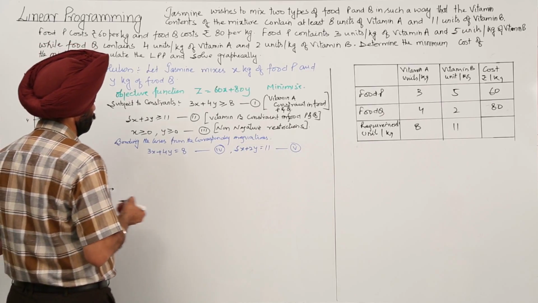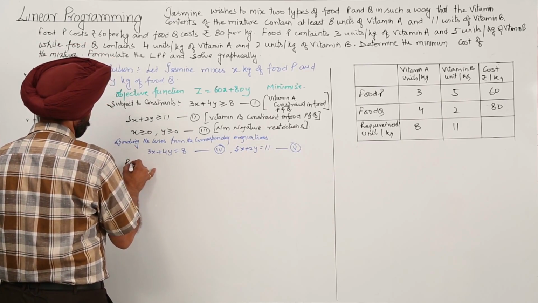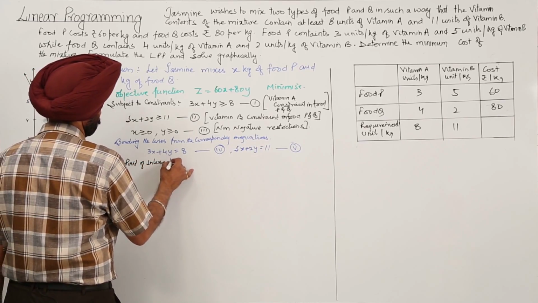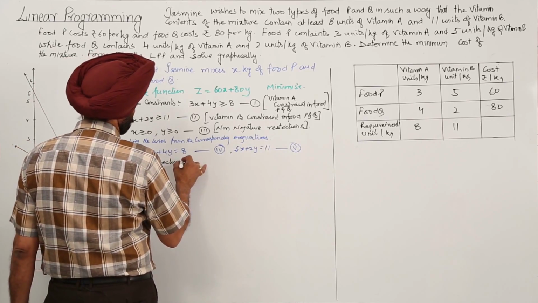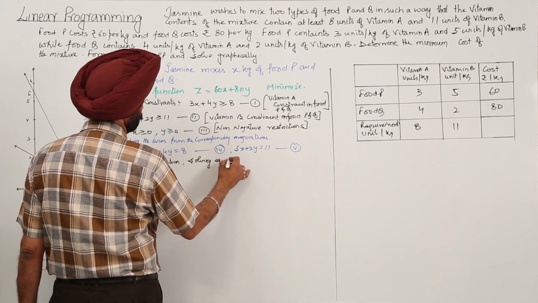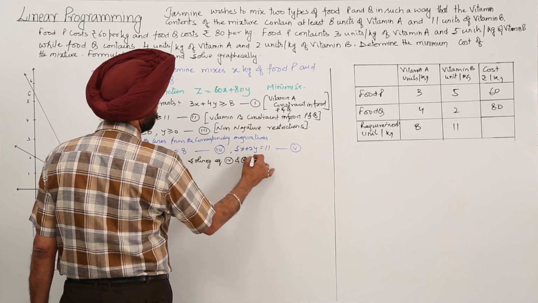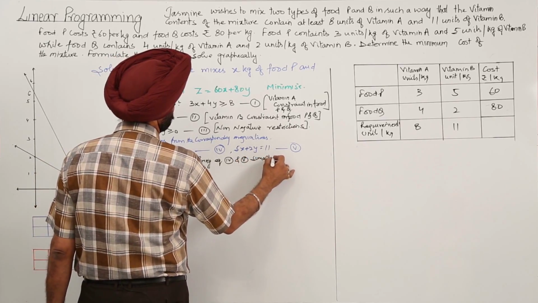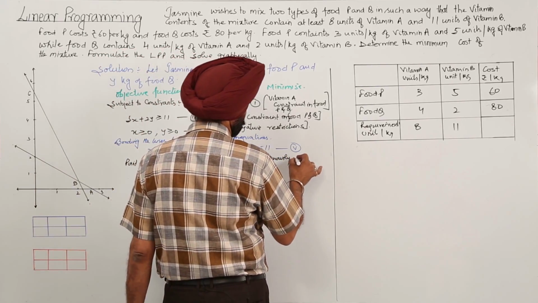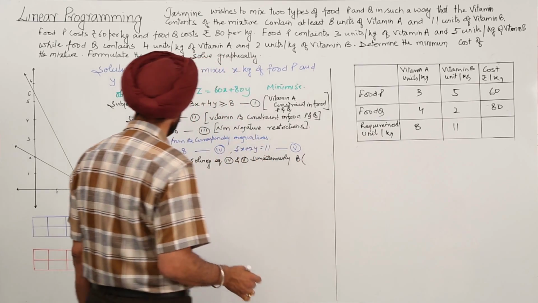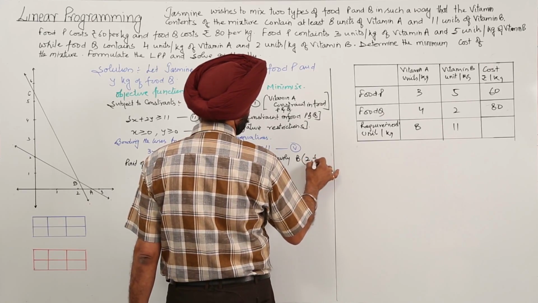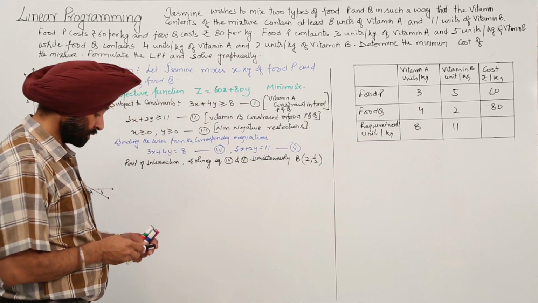Now the point of intersection, solving equation 4 and equation 5 simultaneously, we get the point of intersection. When we are solving we are having point B as (2, 1/2). This is the point of intersection.